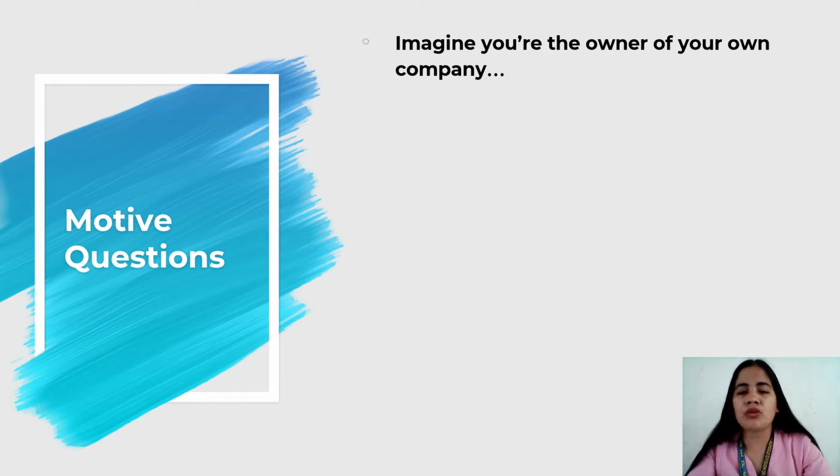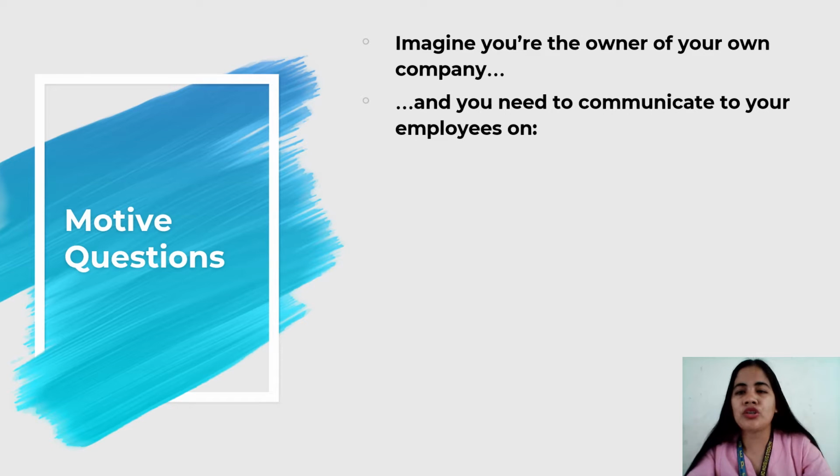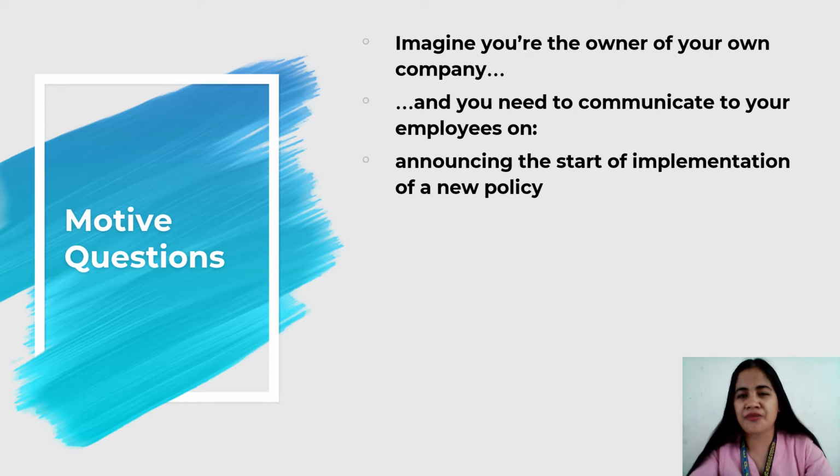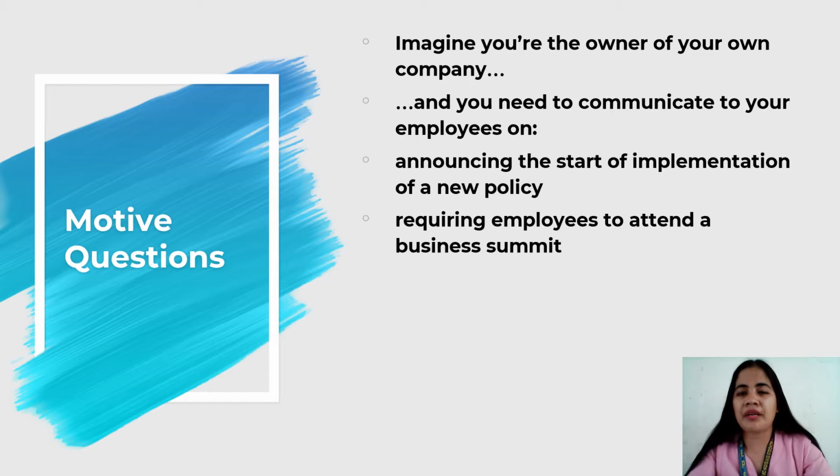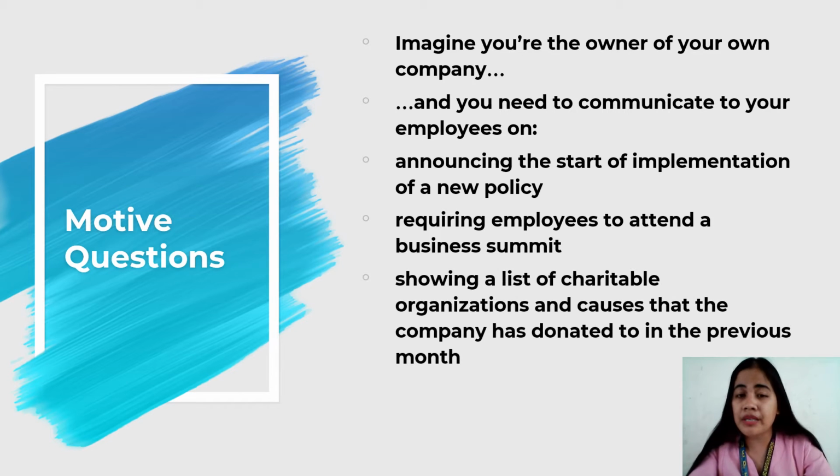So we have the motive question. Imagine you are the owner of your own company. You need to communicate to your employee, first, announcing the start of implementation of new policy; requiring employees to attend a business summit; showing a list of charitable organizations and causes the company has donated to in the previous month.